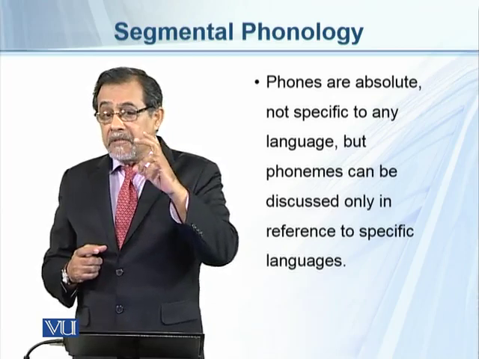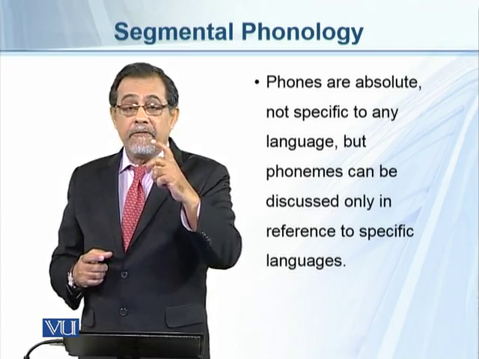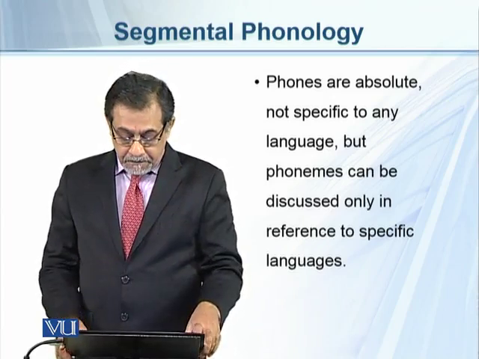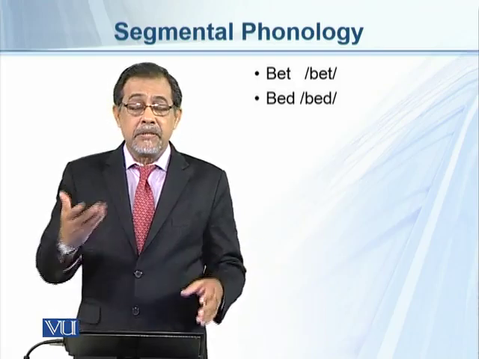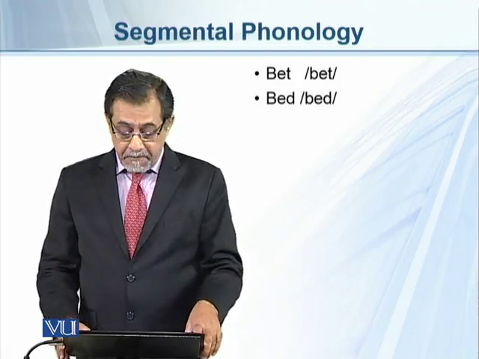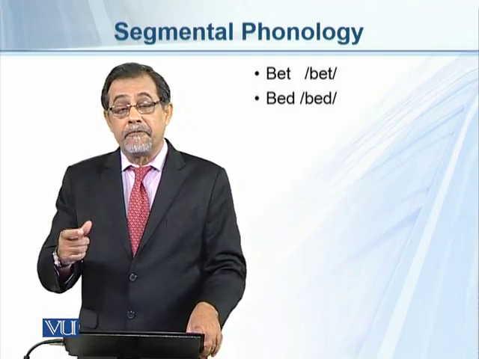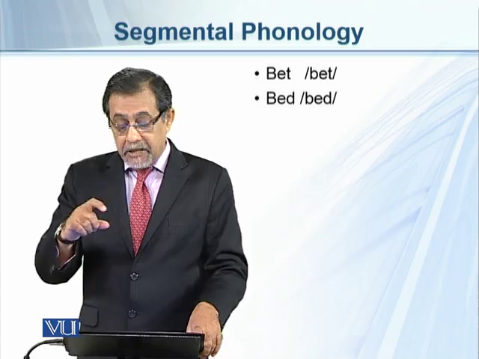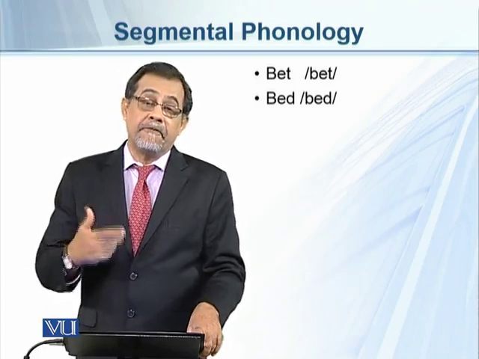Maybe there are some different shades of the sound, but basically it's a phone. For example, bet and bed. I just gave you the example of bet and bed, that with the difference of a phoneme, the word bet has become another word, which is bed, and both have different meanings.